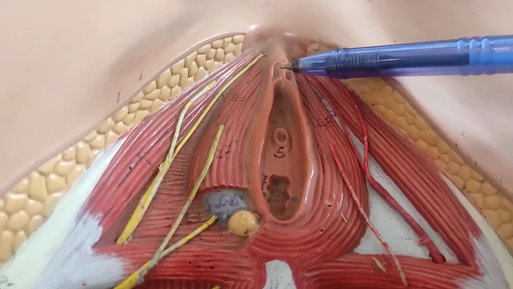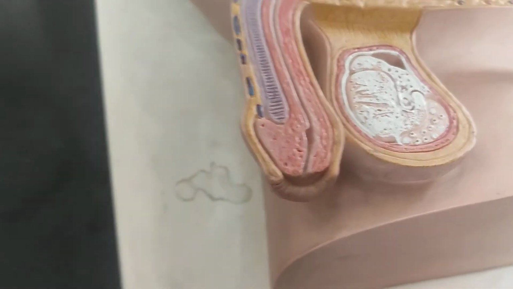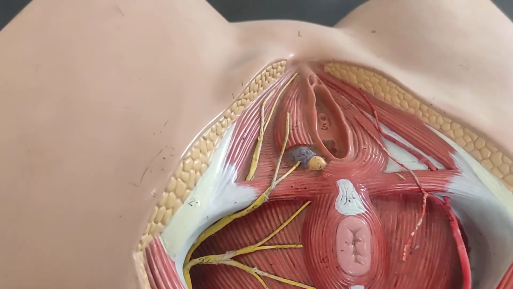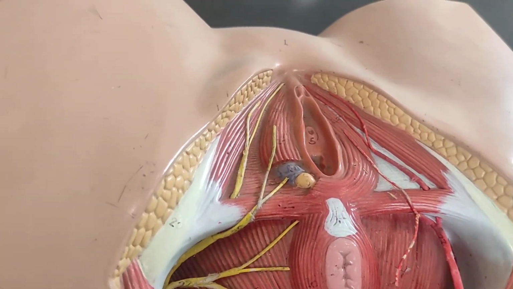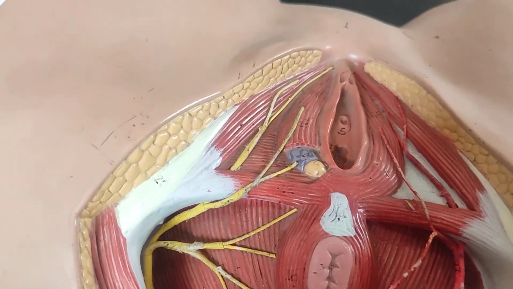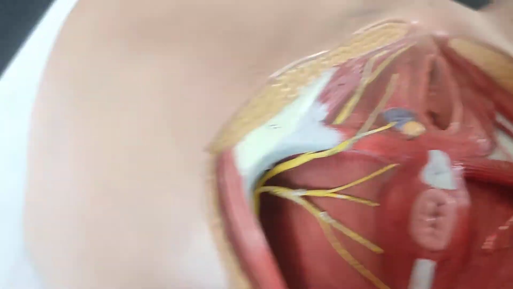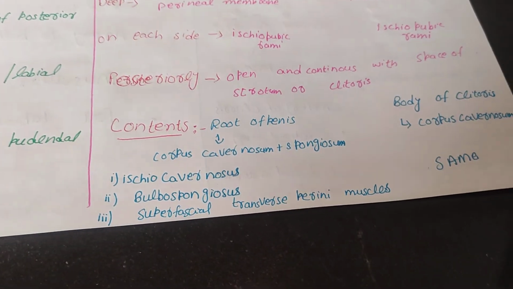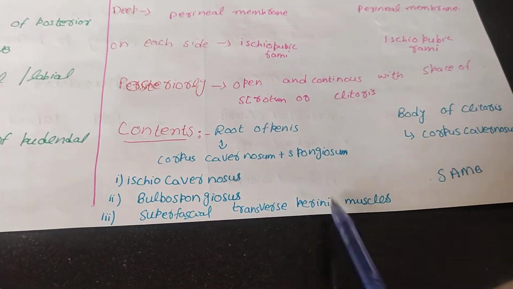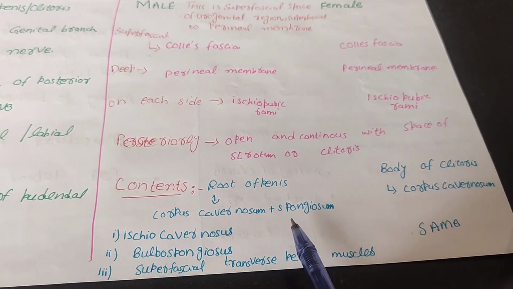Here is the clitoris, and the same in males is going to be the scrotum. So that superficial perineal space will continue above with the reproductive organs, either with the labium and clitoris in females or the scrotum in males. Then comes what are the contents of the superficial perineal space. In males, the contents would be the root of the penis and the corpus cavernosum and spongiosum.